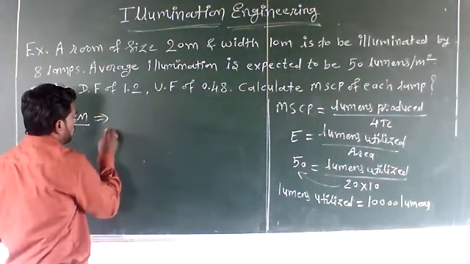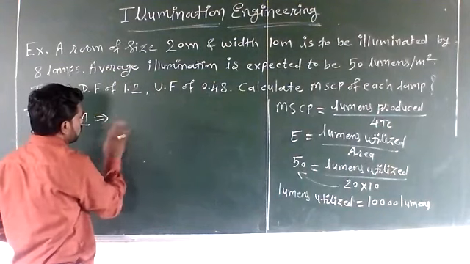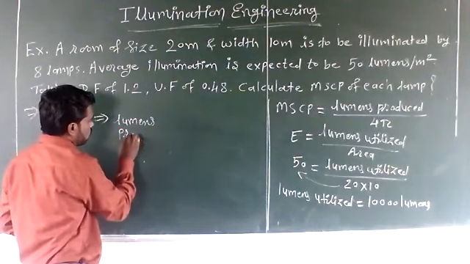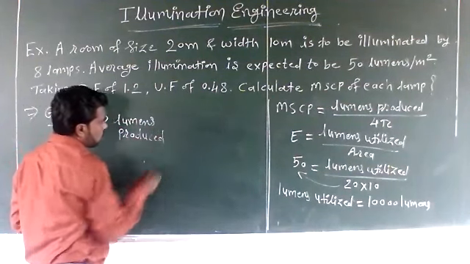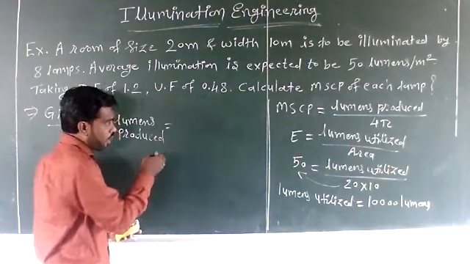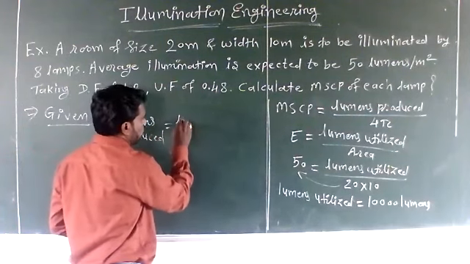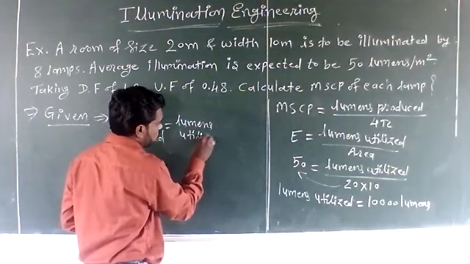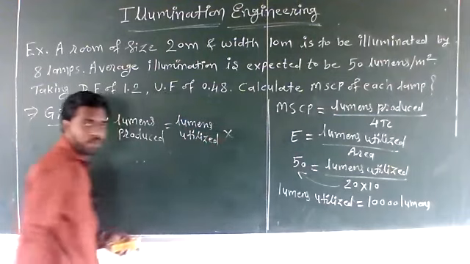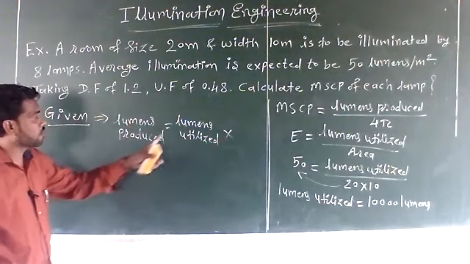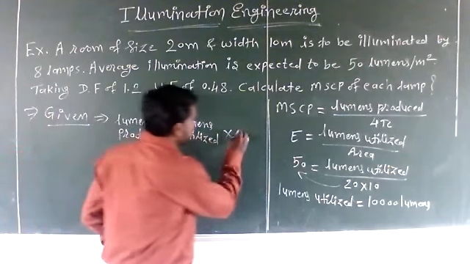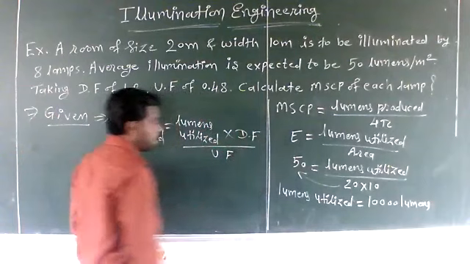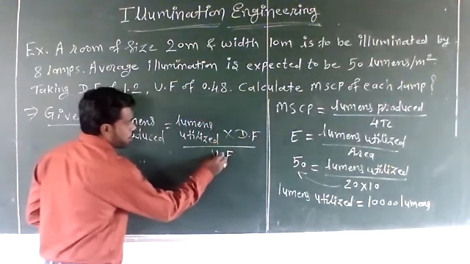So lumens produced is equal to the lumens utilized into DF upon UF.